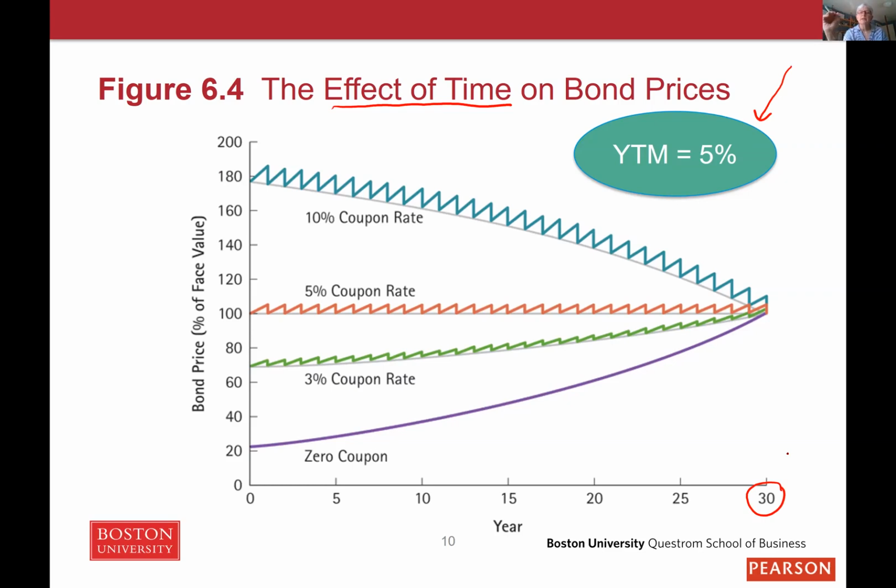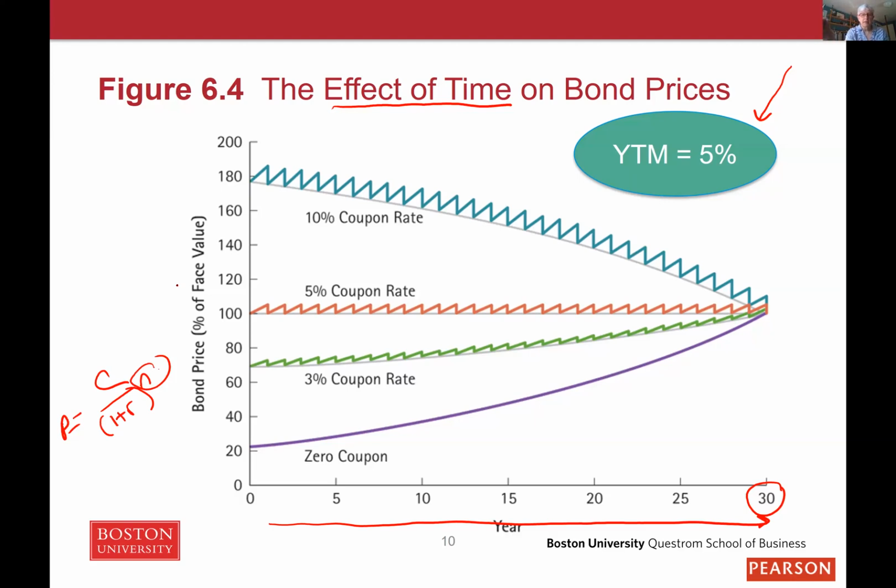Bond prices would still change. If you think about it from an equation perspective, the price equals the amount that you're going to get divided by 1 plus r to the n. Well, as we get closer and closer to maturity, the years left are getting smaller and smaller.